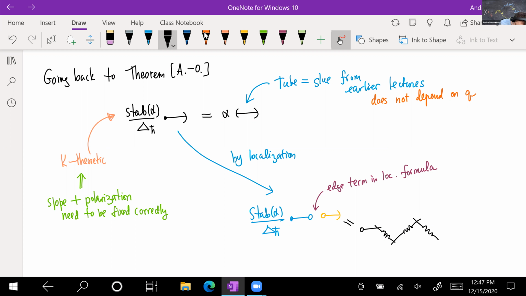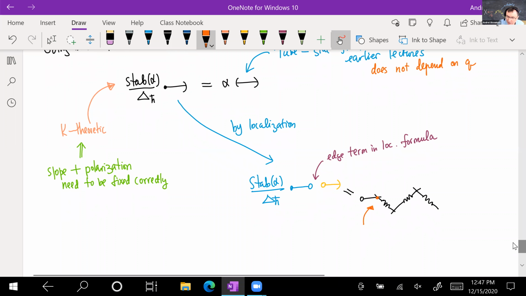And so in particular, when we localize, there is a class of the form, when we go back to this tube equals glue type computation, there will be this 1 over 1 minus Q times psi.